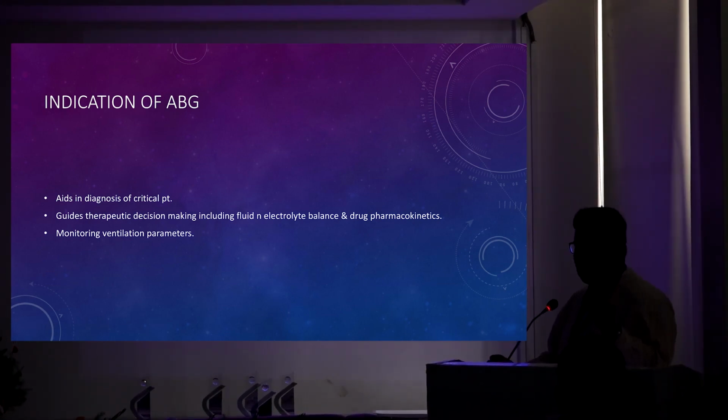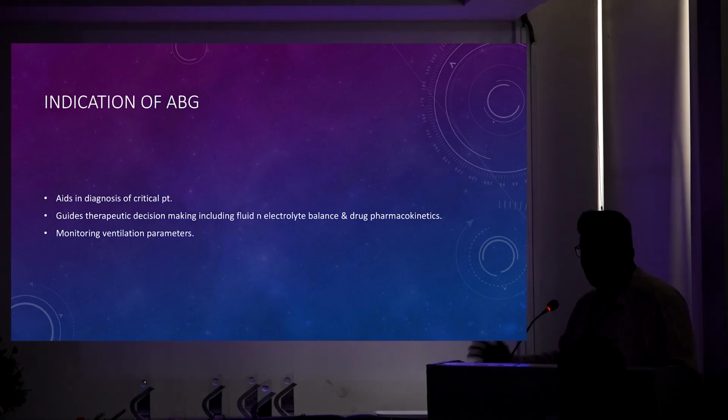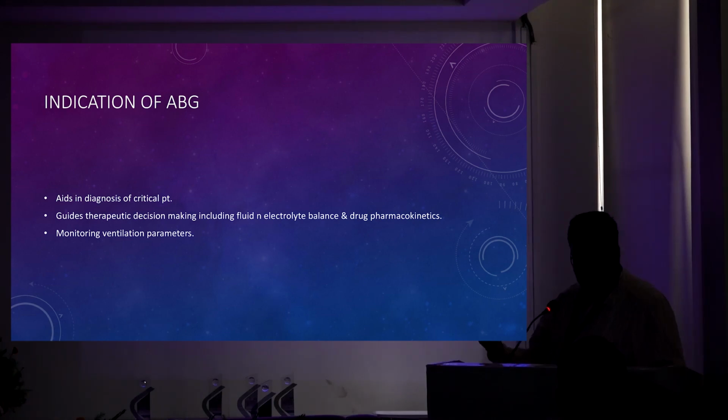As far as drugs are concerned, as Dr. Sudipto Mukherjee has already told, the antibiotics and all are decided on the PD and PK. So it is the acid-base milieu of the patient that helps us decide our choice of drugs which we are going to give for the optimization of that patient.